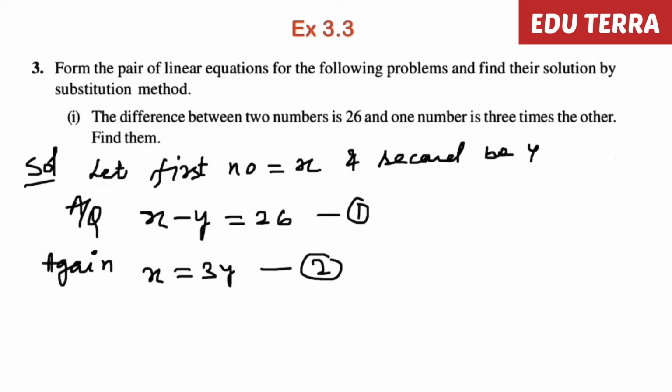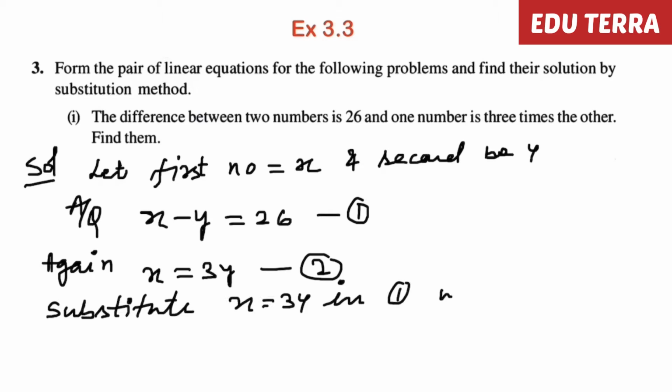So we have x equal to 3y, substitute. So we get 3y minus y equal to 26. So this implies that y equal to 13, because here you will get 2y equal to 26 and 2 will divide, you will get y equal to 13.